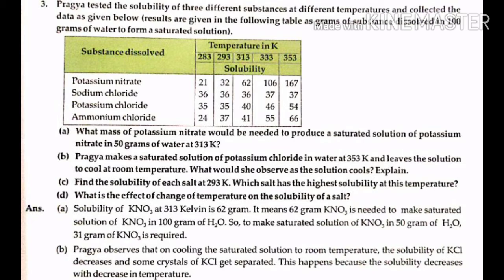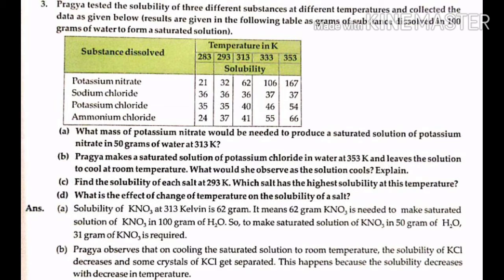What would she observe as the solution cools? Explain. C. Find the solubility of each salt at 293 Kelvin. Which salt has the highest solubility at this temperature? D. What is the effect of change of temperature on the solubility of a salt?